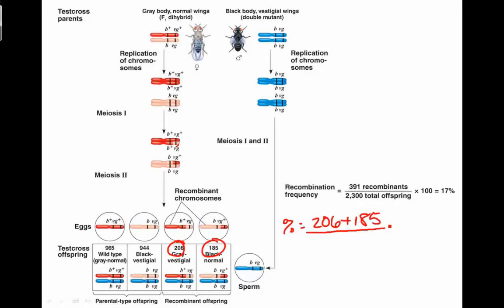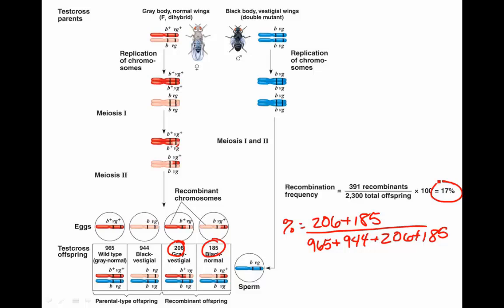And we're going to put that over the total number of offspring, which is adding together all of them, parentals plus the recombinants. So if we just write that out here to make sure we know where the numbers are coming from, then we're simply going to convert that to a percent, and we do come up with 17% in this case. So what that 17% means to us is that 17% of the time we do get a crossover event occur between the B and the VG genes.